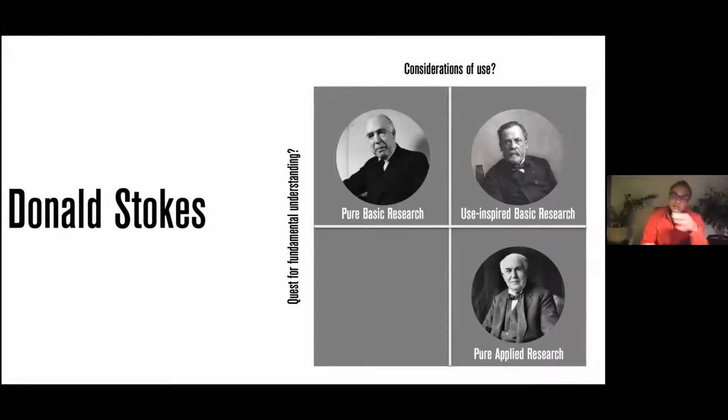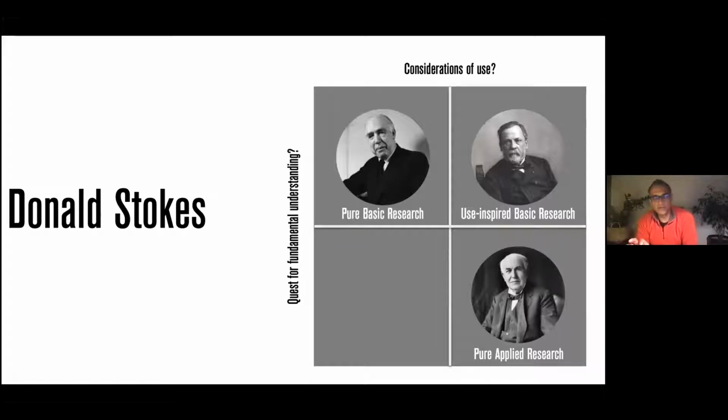On the left, you see Niels Bohr, who did pure basic research in theoretical physics. And at the bottom right is Thomas Edison, who came up with the light bulb, phonograph, etc., which were purely applied research. So this is one mechanism by which you can categorize how research is done. And what we do at Google ATAP is in the top right corner.